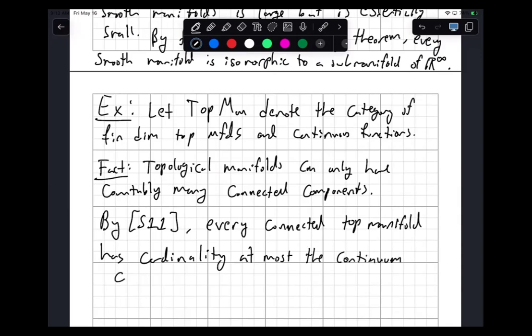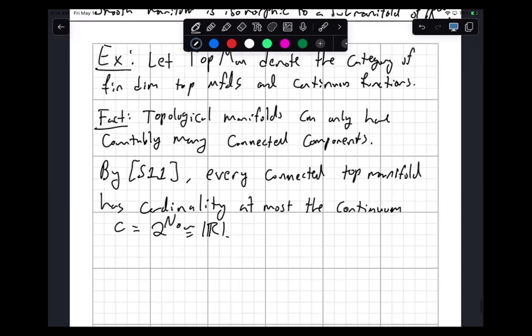And the continuum we write as C, and that's the same thing as 2 to the Aleph null. That's the cardinality of the real numbers, right? So that means every connected topological manifold has cardinality at most that of R. Rn has the same cardinality as R.